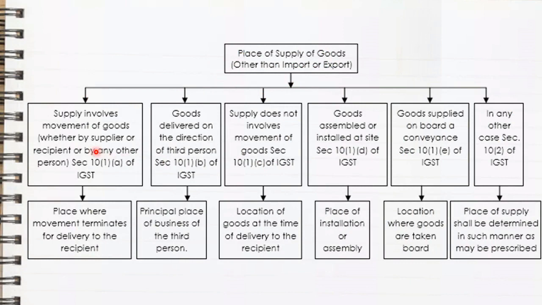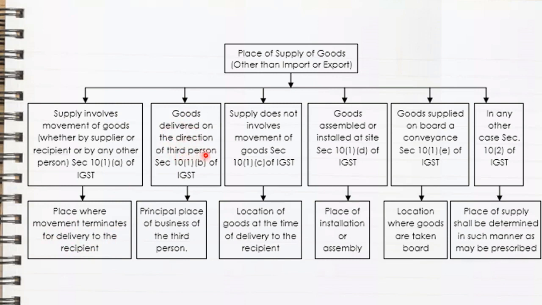The very first type of rule is supply involves movement of goods. Here under this particular rule, if the supply of goods is from one place to another place, then the place of supply will be the place where the movement terminates for delivery to the recipient. That's the very first rule. Second, goods delivered on the direction of a third person.